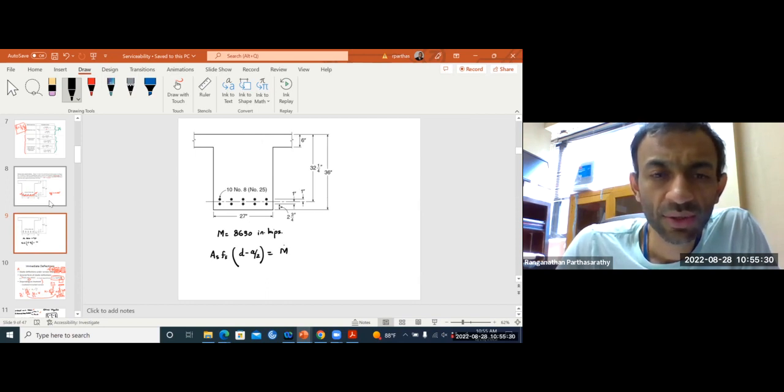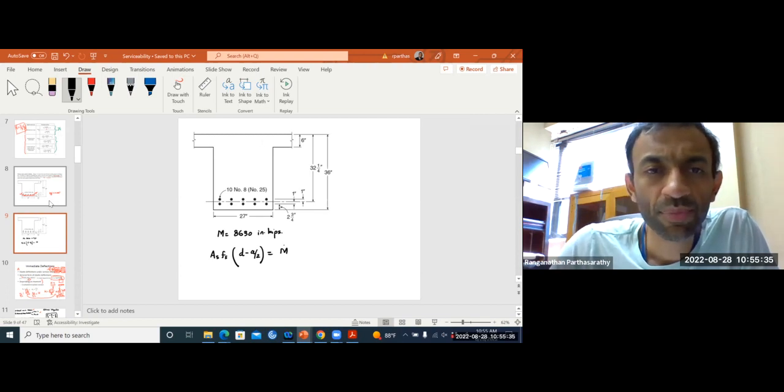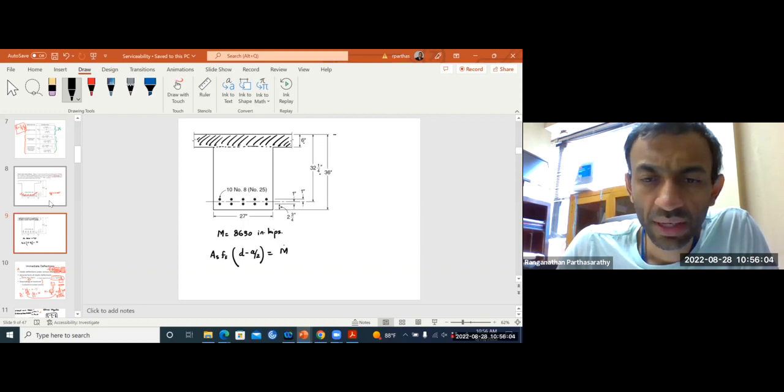So you can assume that your compression region is exactly in the flange. So you can assume your a value to be 6 inches. Therefore d, which is 32¼, minus a/2, so minus 3 inches. So that's your lever arm. As is 10 number 8.